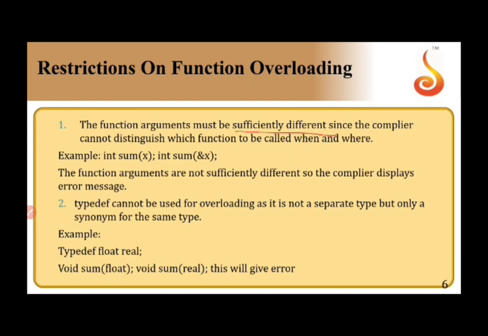A function argument must be sufficiently different, that is, it has to be different. There should be no ambiguity, since the compiler cannot distinguish which function to be called when and where.